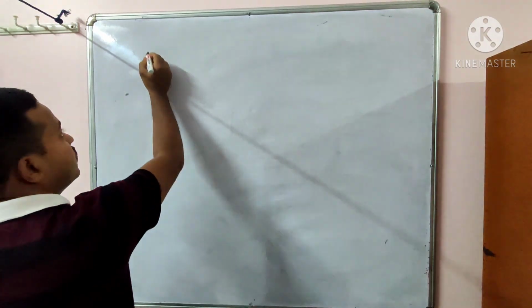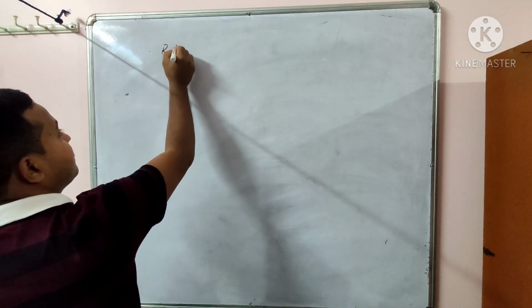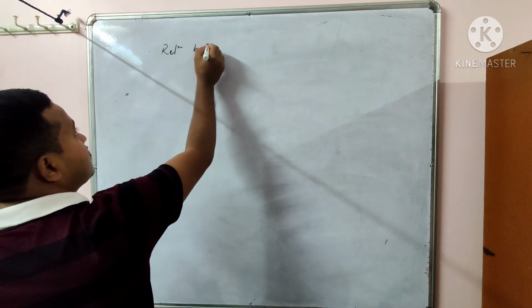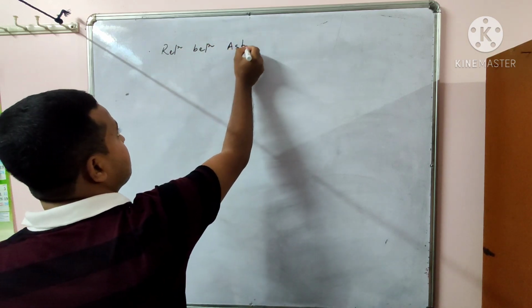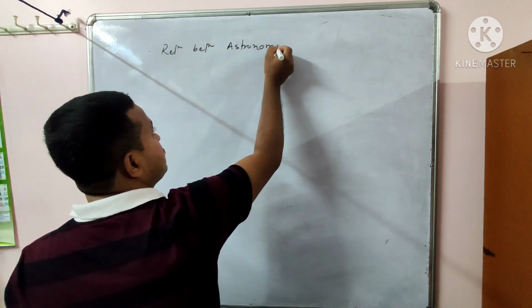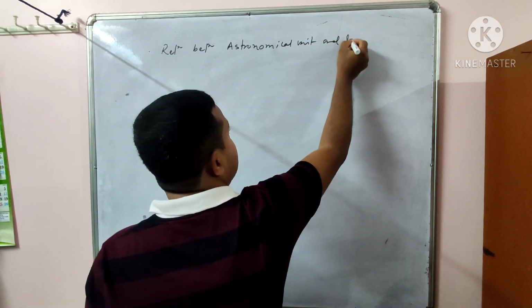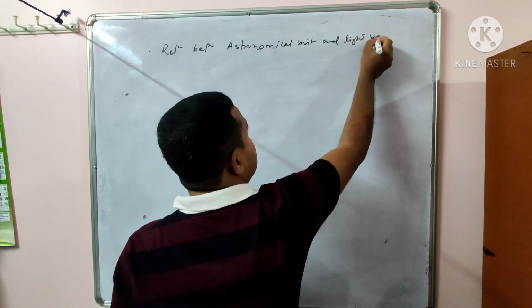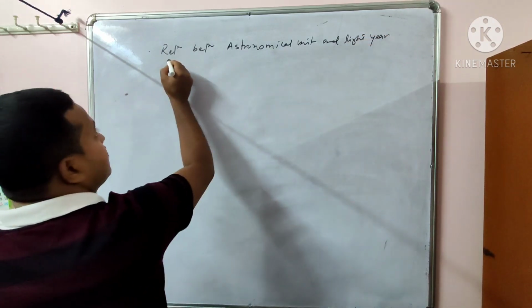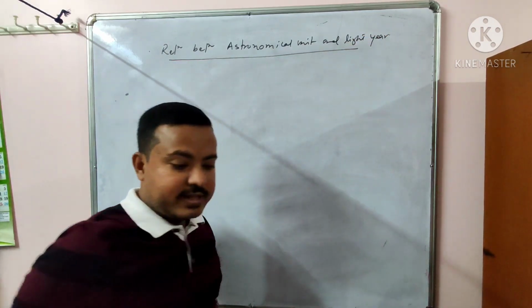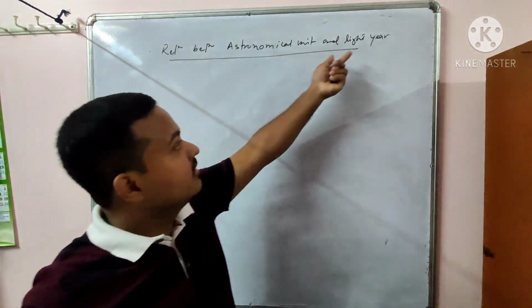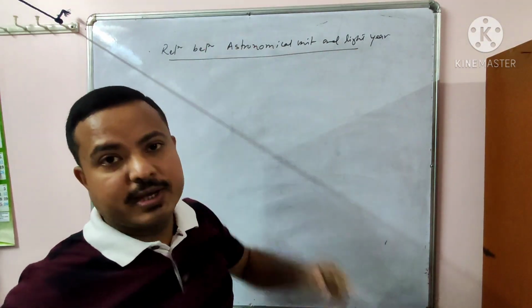So first, let me show you the relation between astronomical unit and light year. How can you find the relation? Here you see light year is bigger than astronomical unit.